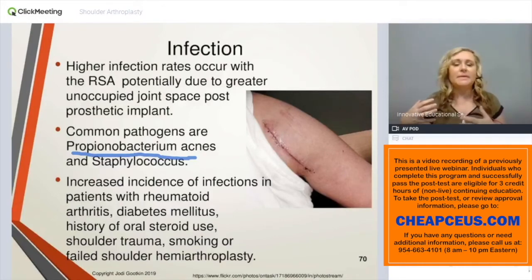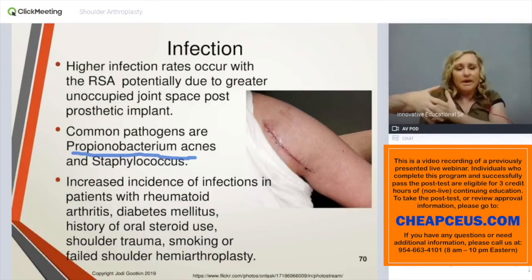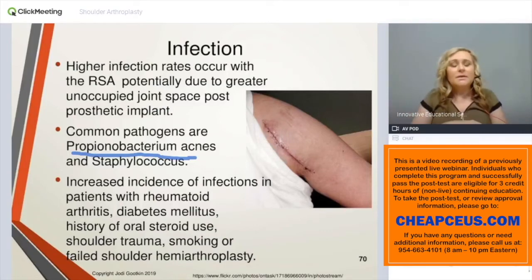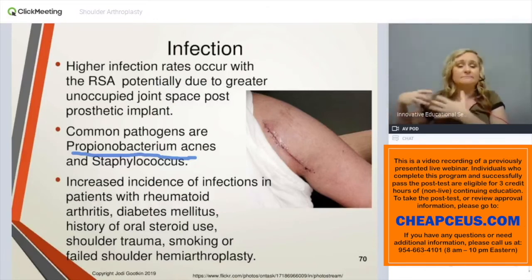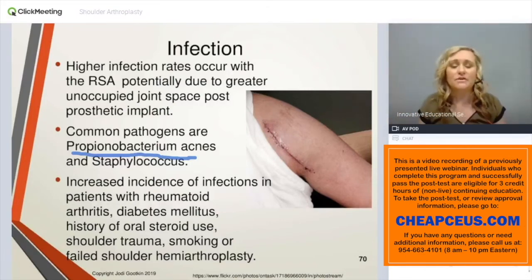It tends to be more common in areas like under the armpit. So it naturally places the patient at an increased risk of infection if there's not good preoperative cleaning and cleansing of the area intraoperatively.